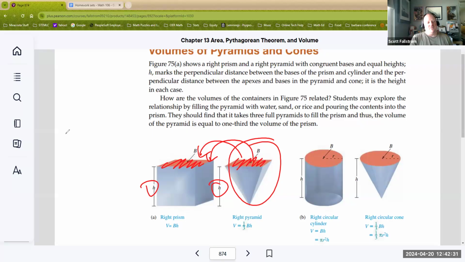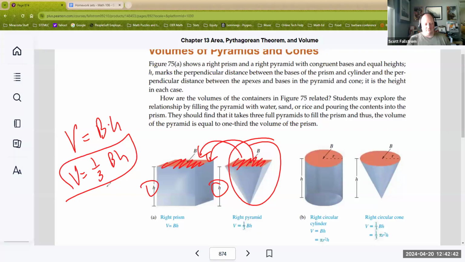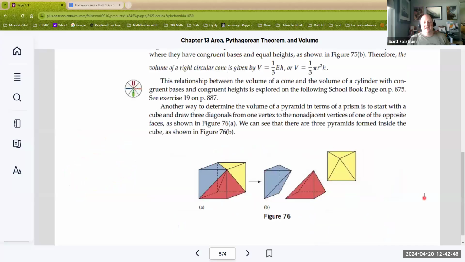So if you know that, then the volume, which used to be base times height for the prism, for the pyramid and the cone becomes 1/3 base times height. I know, that's pretty cool. If you want to see an idea, this is their visual idea of why that is the case.